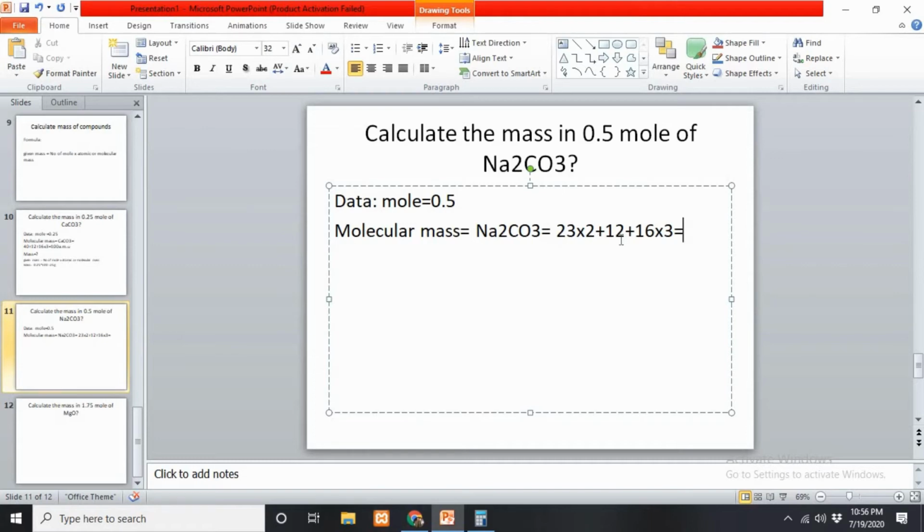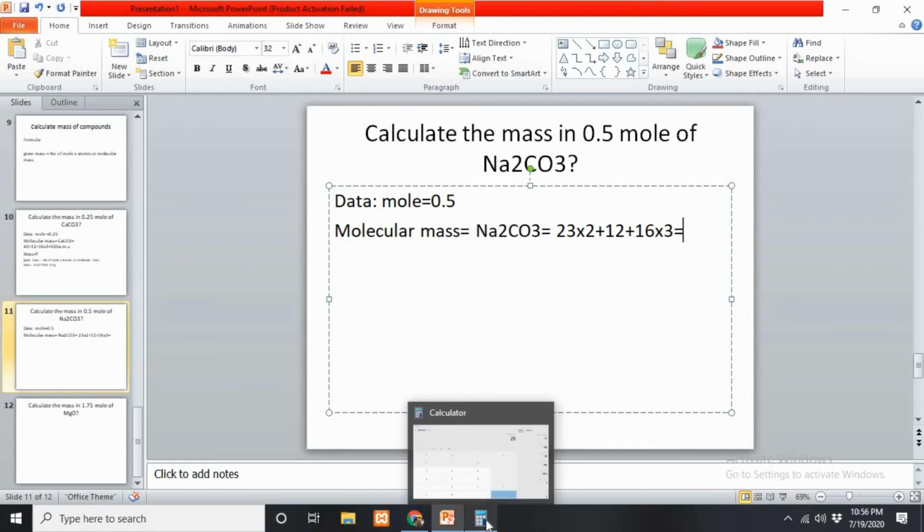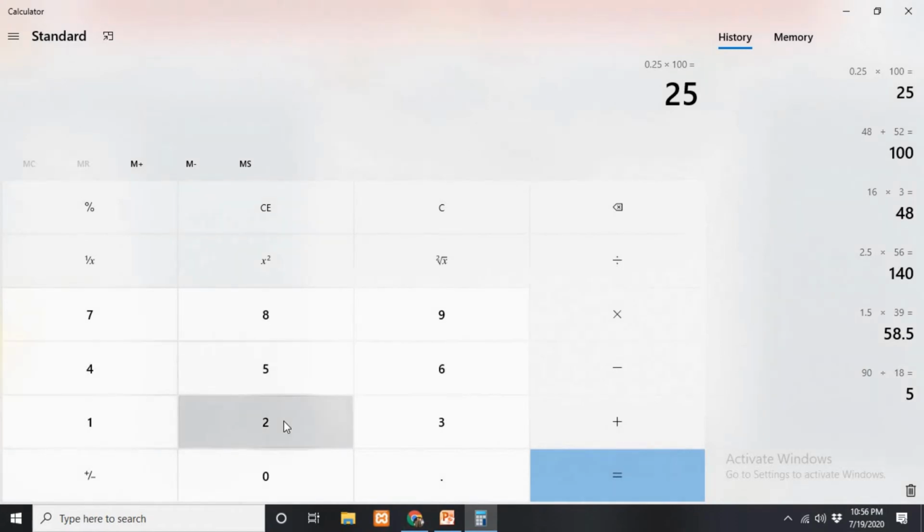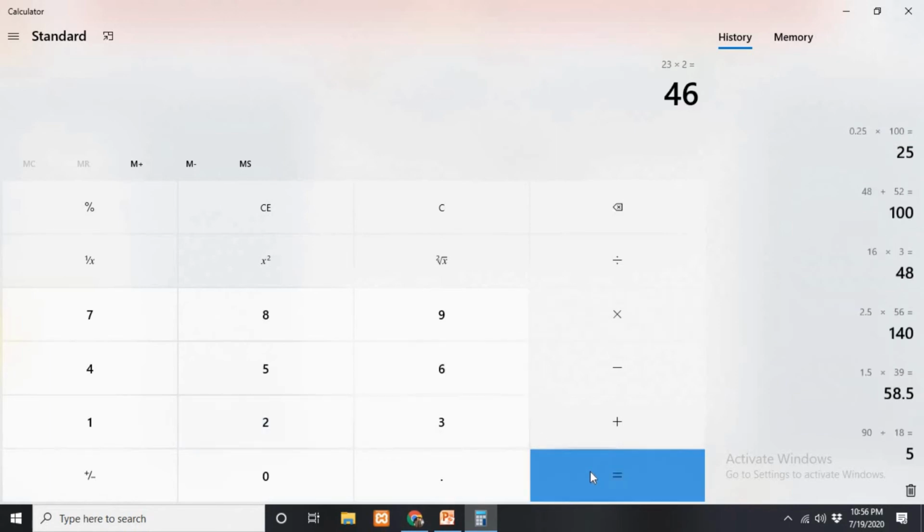Without wasting time, just calculate in this way: 23 into 2 is 46, plus 12, plus 16 into 3.